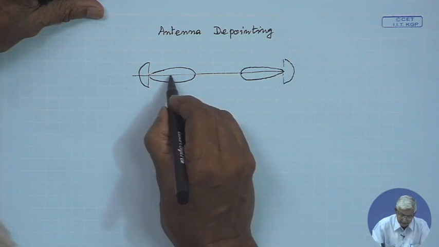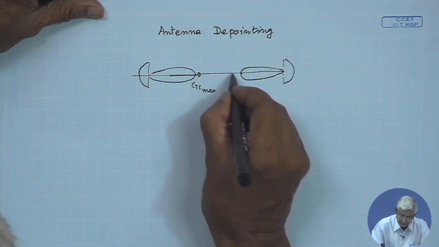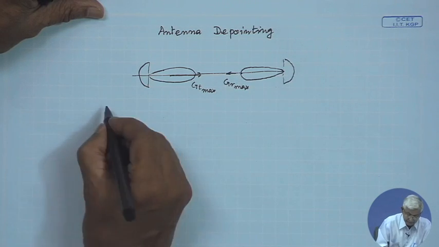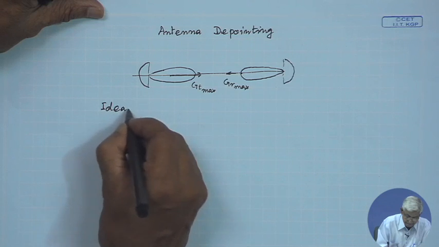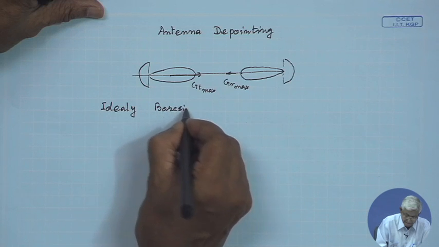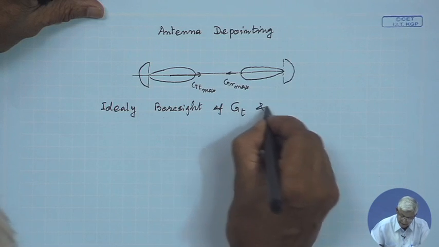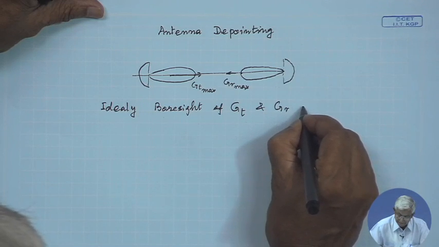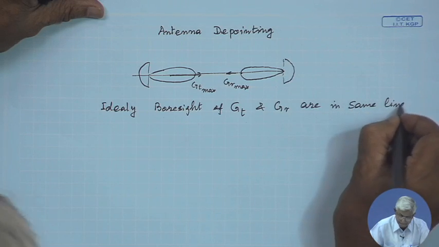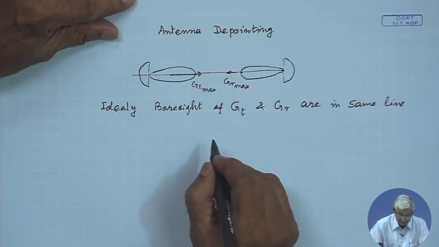So, normally this is the GT max and this is the GR max. That means, ideally the bore side of GT and GR are in same line.